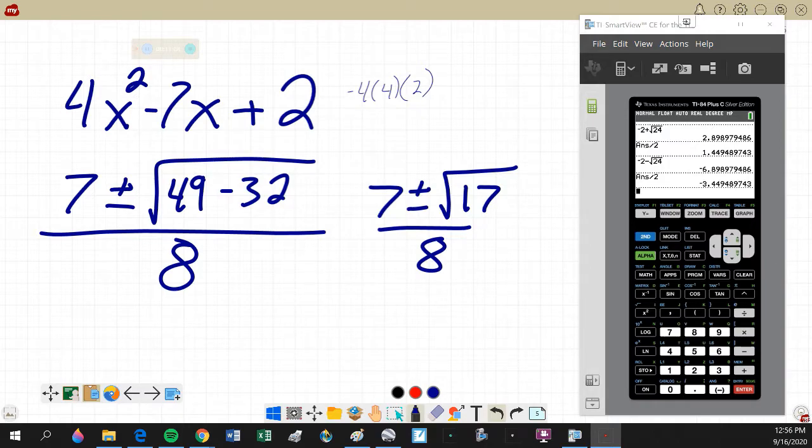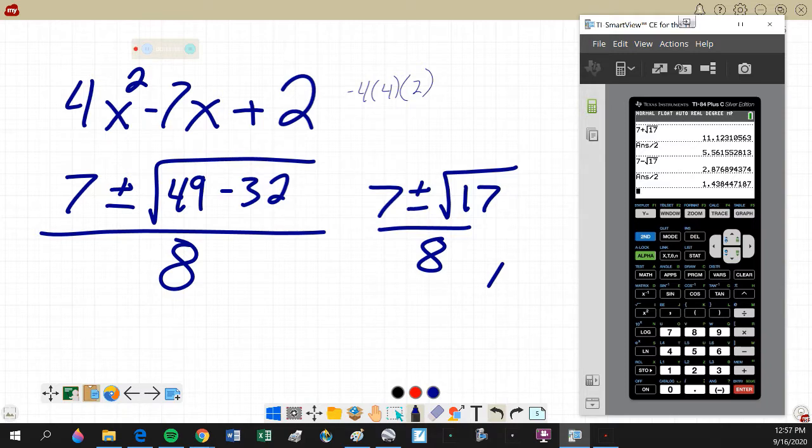If it asks you for the answers, you would do 7 plus root 17 over 8, comma, 7 minus root 17 over 8. Okay. If it wants the decimals, then you would do 7 plus the square root of 17, and then divide by 8, and then 7 minus the square root of 17, and we hit enter, and then divide that by 8.